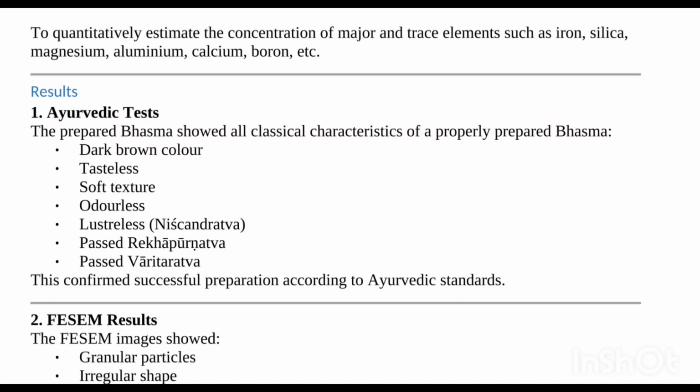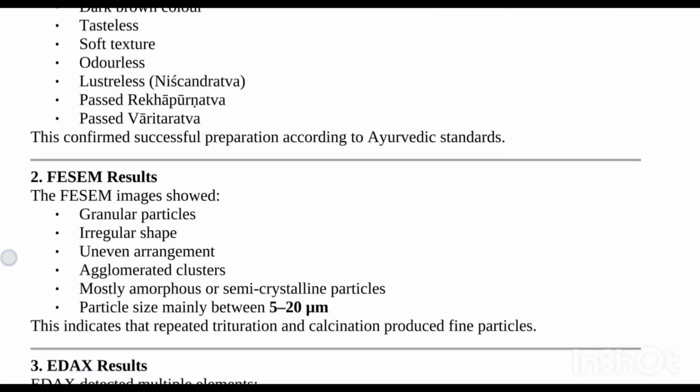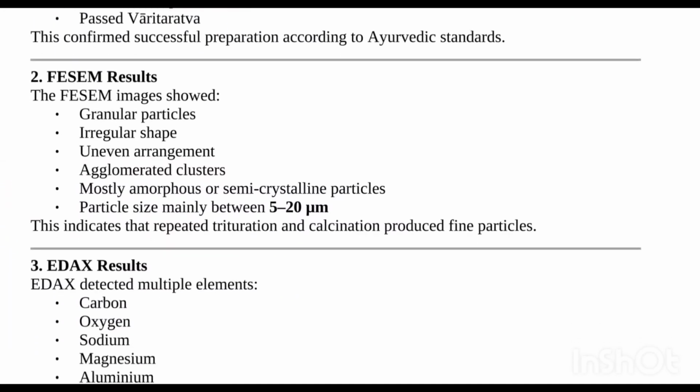In the results, the Ayurvedic tests on the prepared Bhasma showed all classical characteristics of a properly prepared Bhasma, that is, dark brown color, tasteless, soft texture, odorless, lusterless, and passing Rekhapurnatva and Varitaratva. This confirms successful preparation according to Ayurvedic standards.